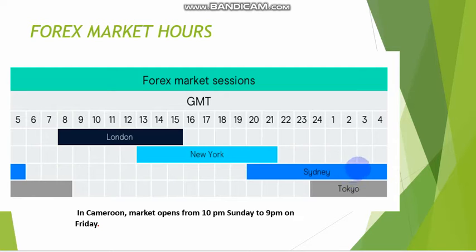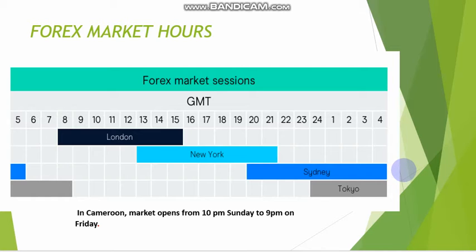Sydney is Australia, so we have the Australian dollar, AUD. And Tokyo is Japan, so we have the Japanese yen, JPY. We'll be seeing all that as we go along the course.